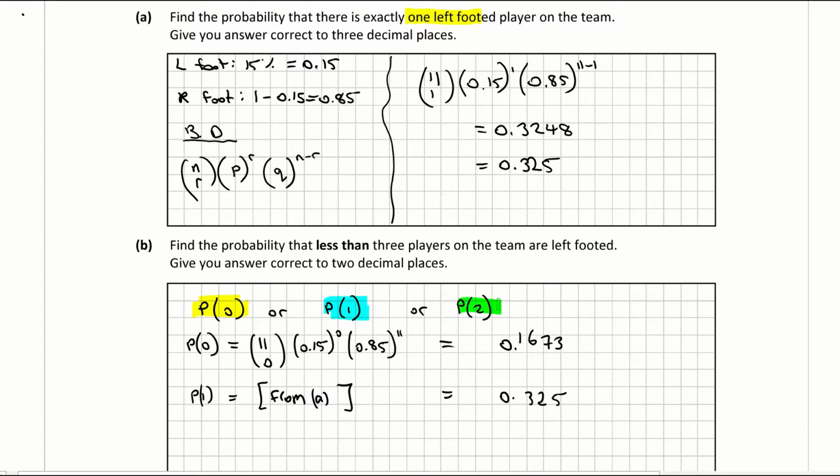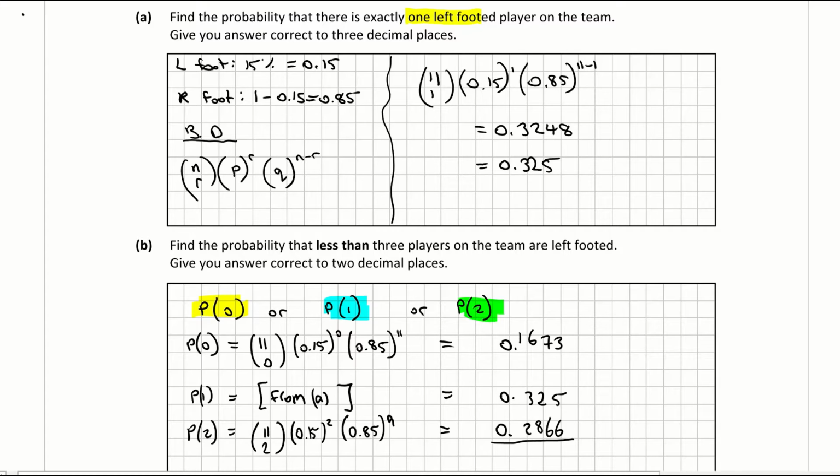And my third one, the probability of 2 of them being left-footed. The probability of 2 is 11 choose 2, and the probability of being left-footed is 0.15 to the power of 2 times 0.85 to the power of 11 minus 2, which is 9. On my calculator that evaluates as 0.2866.